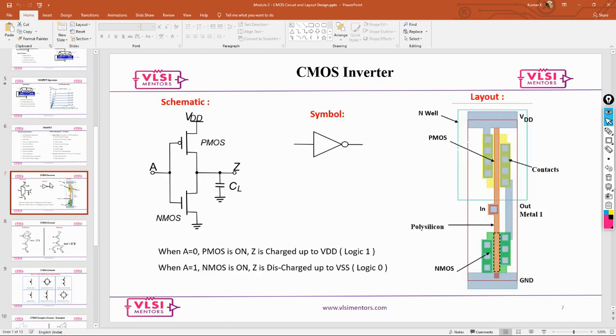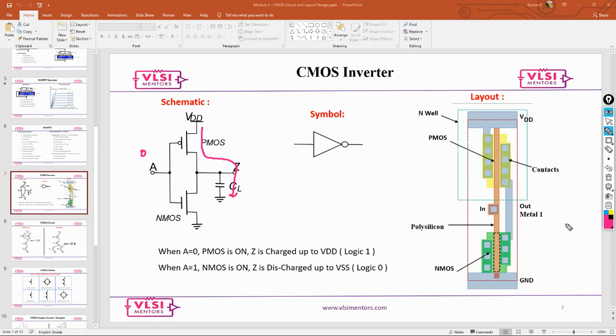So let's just spend some quick time understanding how a CMOS inverter operates, and then we will stop the class for today. We just discussed that if you give 0, your PMOS turns on and the cap is getting charged.